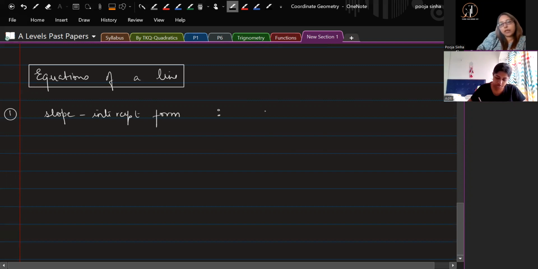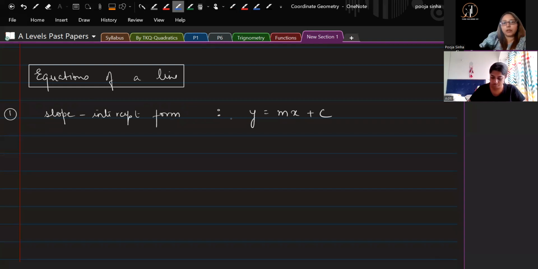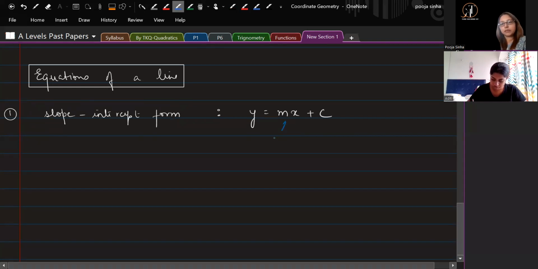We say y equals mx plus c, where m is the gradient or the slope, and c is the intercept, the y-intercept.